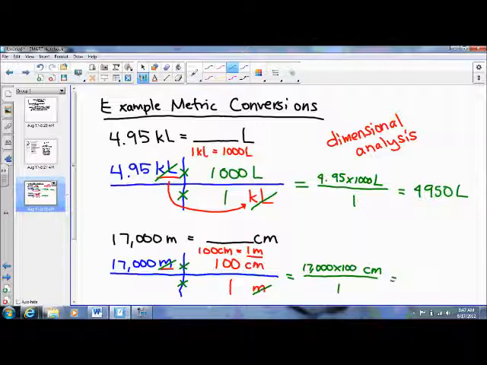Let's put that in my calculator. That's 1,700,000. And the centimeters didn't cancel, so it's still there. 1,700,000 centimeters.